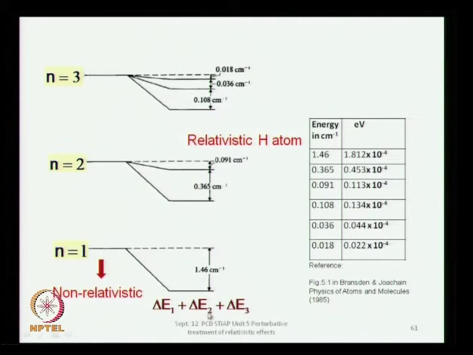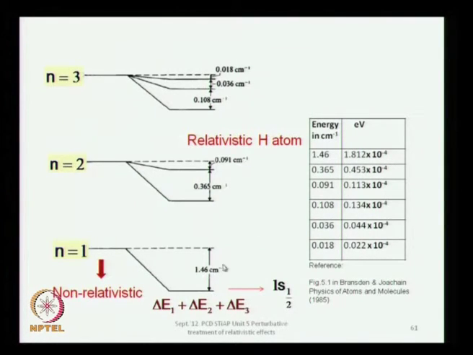Not all of these three are important for all the levels, like the spin orbit correction is of no significance for the n equal to 1 state, which is a 1s state. So, there is no spin orbit interaction there. So, these are the corrections that you get, and this dip is through 1.46 inverse centimeter, which is again about 1.8 times 10 to the minus 4 electron volts, which are the more common units.